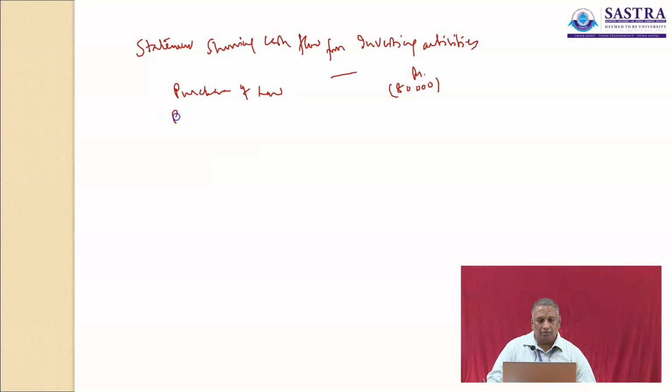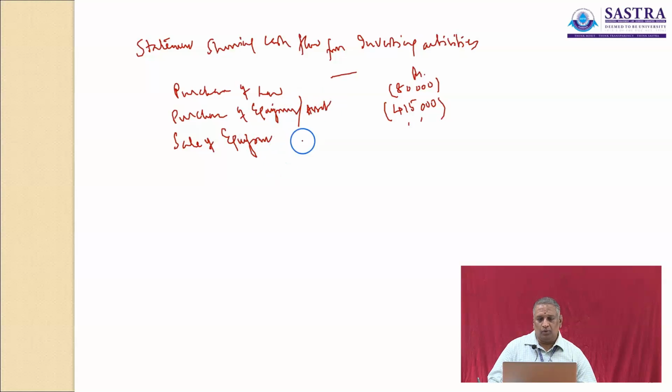Purchase of equipment, rupees 4,15,000. Sale of equipment or asset, 58,000. So this is inflow. These two are cash outflow, because of which I put them in negative.